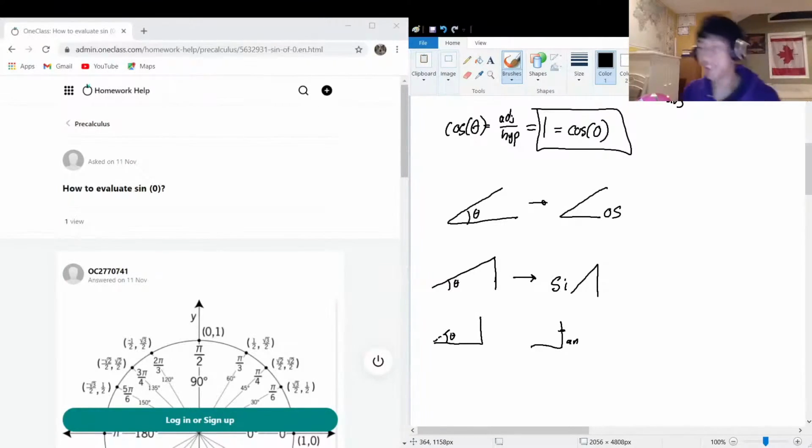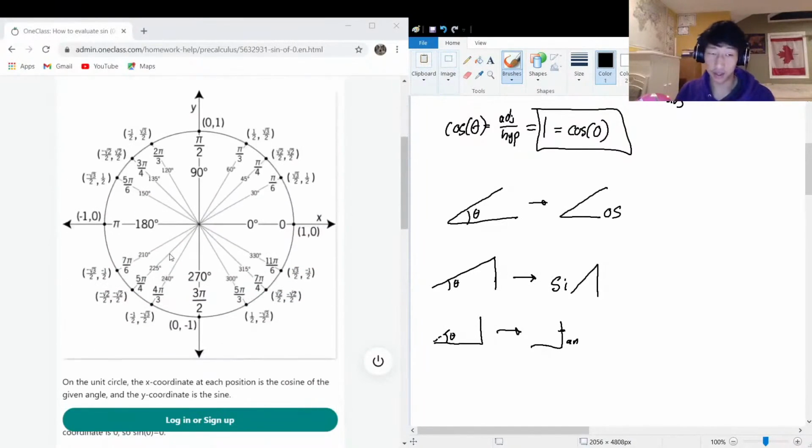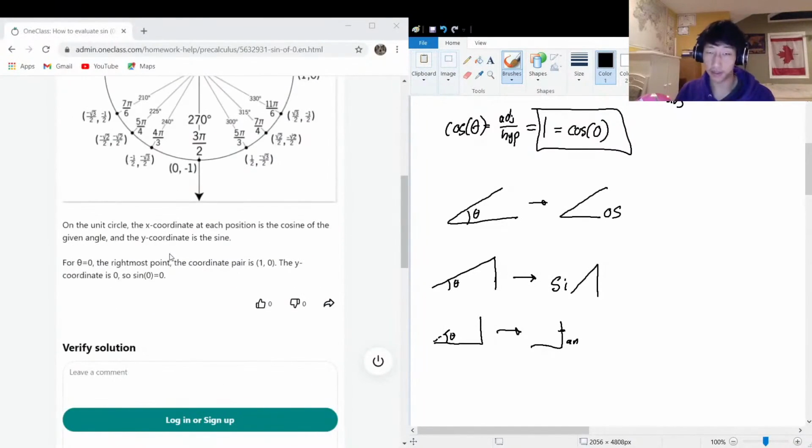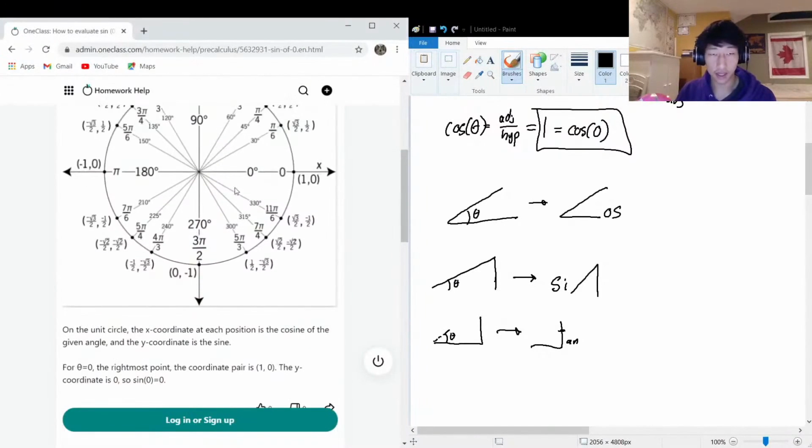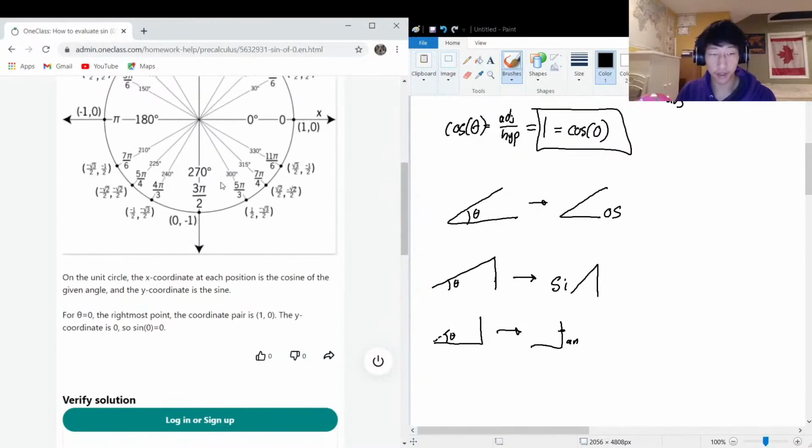Tan, maybe? Yeah, but keep in mind this trigonometry stuff is widely used across many different fields. Okay, so I guess they used a unit circle, and yeah.